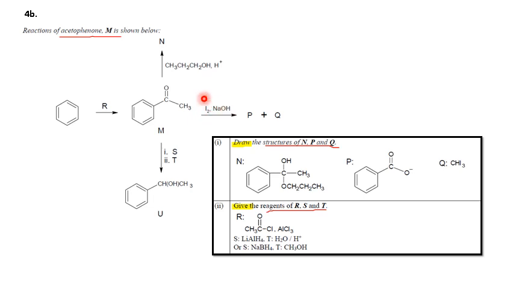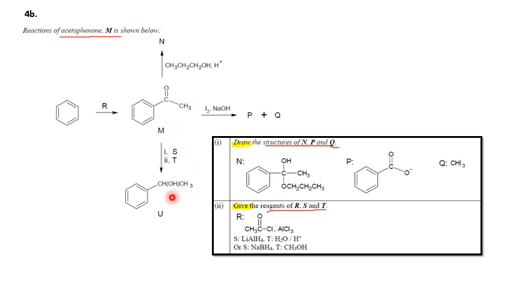Iodine, sodium hydroxide. Okay, means there is a methyl carbonyl group over here. If there is a methyl carbonyl group, then you give the positive test towards iodoform. So it will form the carboxylate COO negative, and this is the light yellow precipitate, CHI3, triiodomethane. Okay, then M, it will form this one.